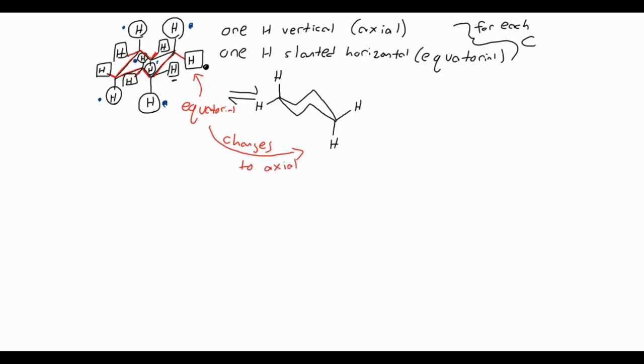So when we flip the chair conformation, all of the equatorial hydrogens will change to axial. That's going to be this one. And vice versa. So all of the hydrogens that were originally in the axial position will now be in the equatorial position. And that's going to be important to keep track of as we move on.